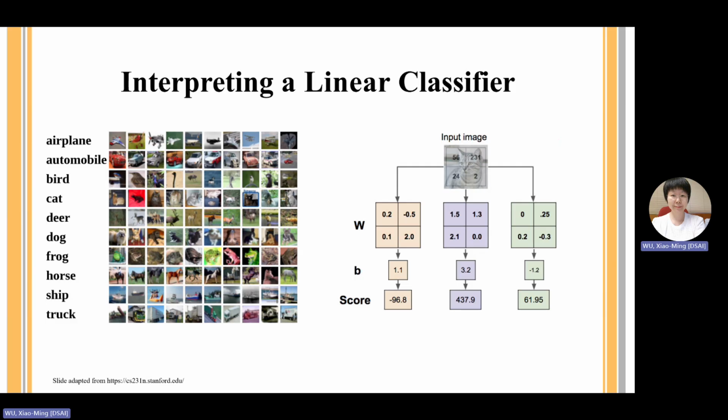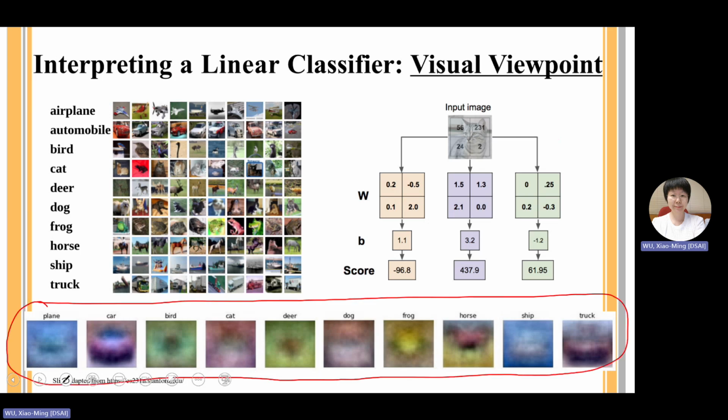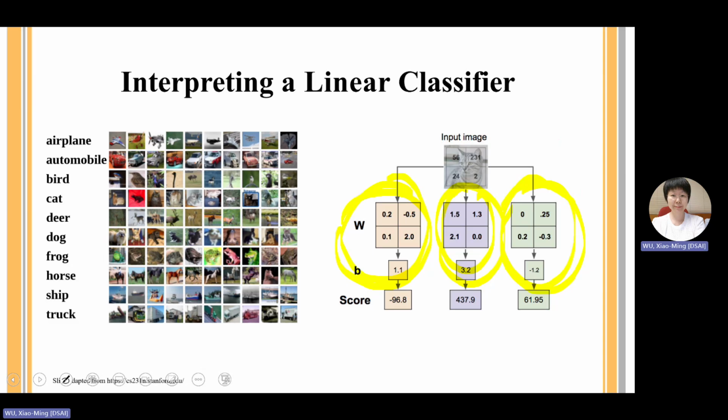As we said, each set of parameters corresponds to a classifier for a different class: the first is cat, dog, and sheep. The following are visualizations of the classifier W learned for each class.